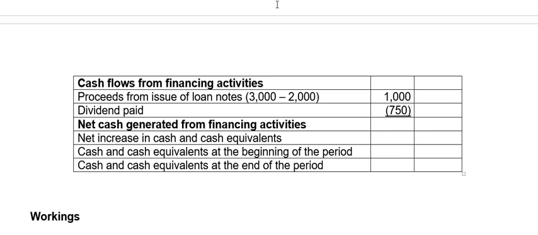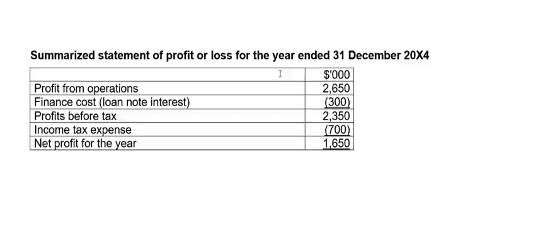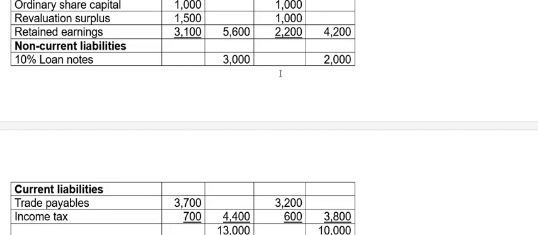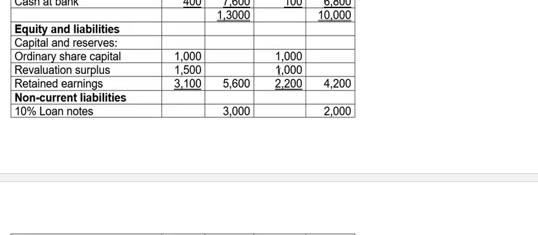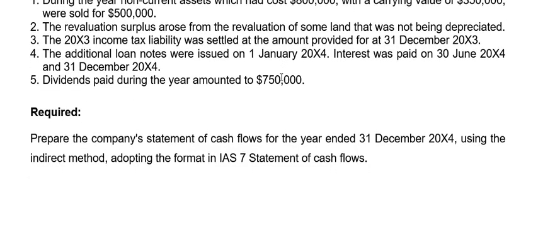So that's it. Sometimes you find that we have issue of shares, but in this case, when you look at the information given, the ordinary share capital is the same, in 2003 and 2004 it's 1 million. So there was no issue of shares during the year.